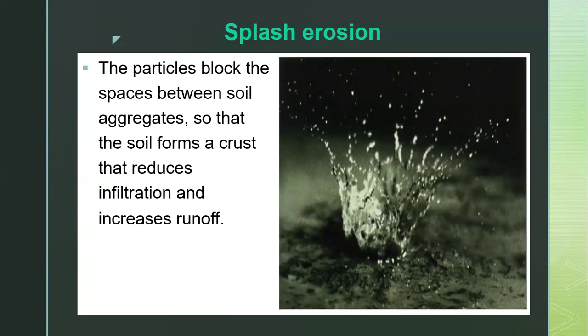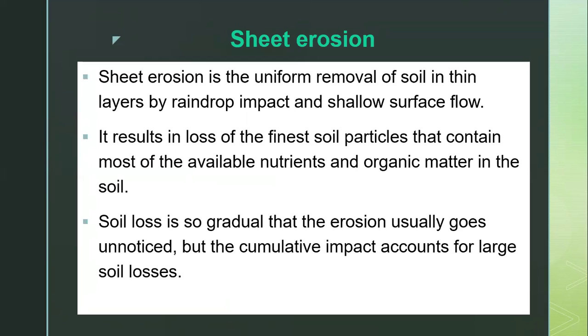Moving on, the second one is sheet erosion. Sheet erosion is the uniform removal of soil in thin layers by raindrop impact and shallow surface flow. It results in the loss of the finest soil particles that contain most of the available nutrients and organic matter in the soil.